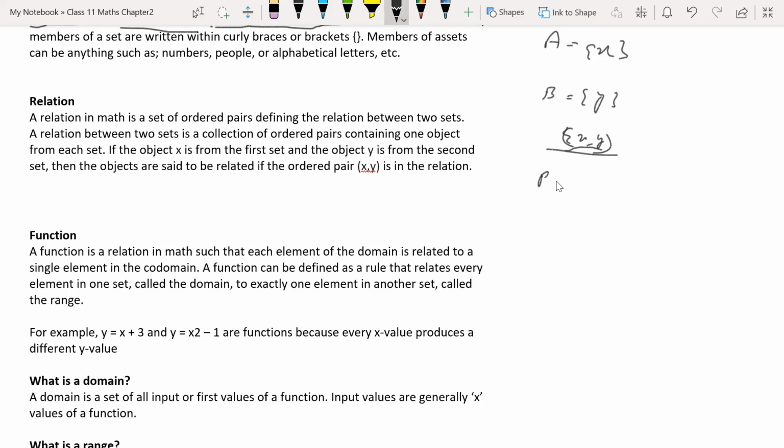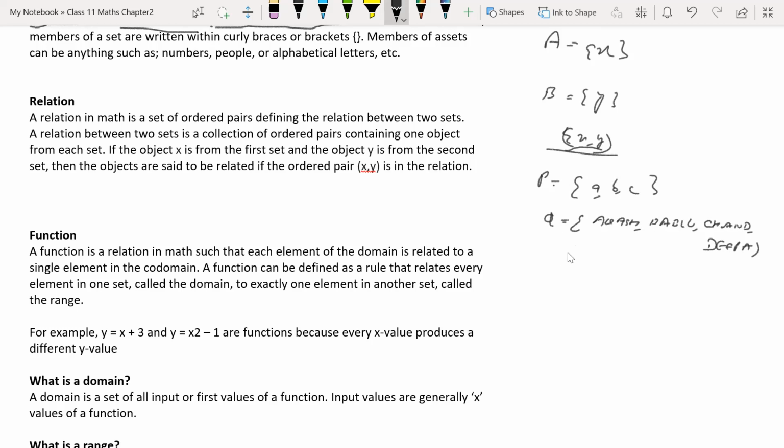One set is P, which has A, B, C. The other set is Q, which has Akash, Bablu, Chand and Deepa. One set is P, another set is Q.